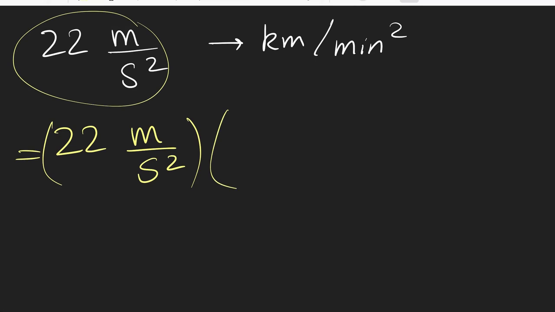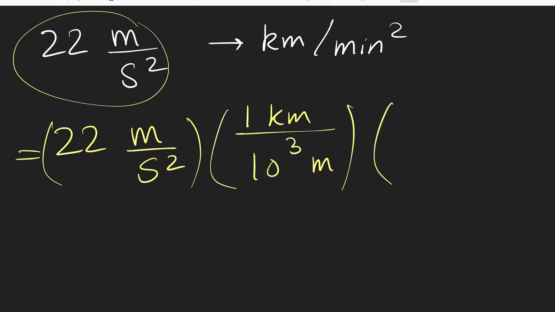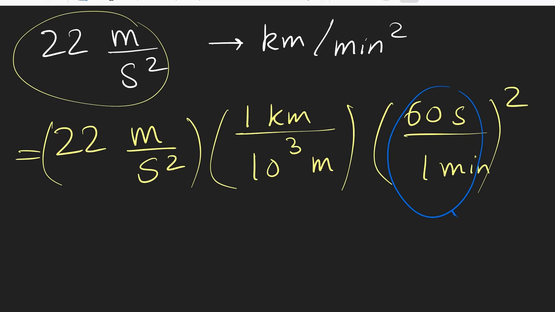Then I know that 1 kilometer is 10 to the power of 3 meter, and I know that 60 seconds is 1 minute and I can make it to the power of 2 because this guy is equal to 1. So no matter if I have 1 to the power of 2, 3, 4, 1000, etc., because 1 to the power of everything is 1.